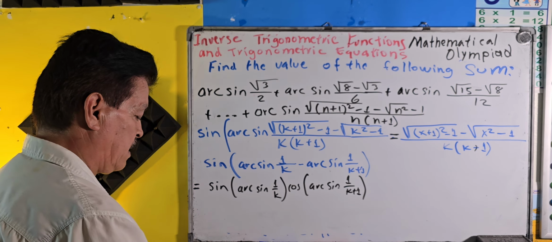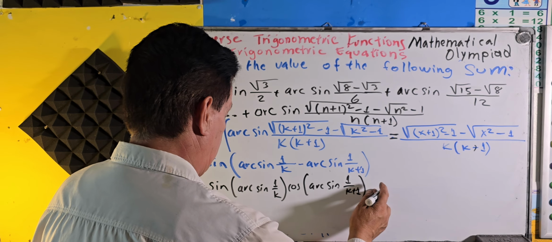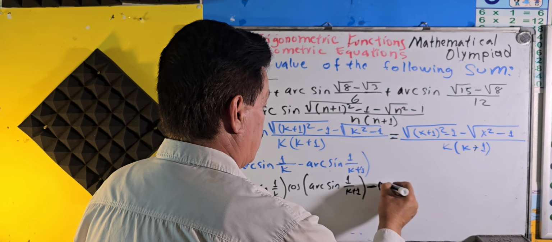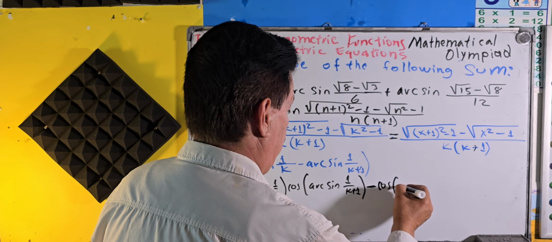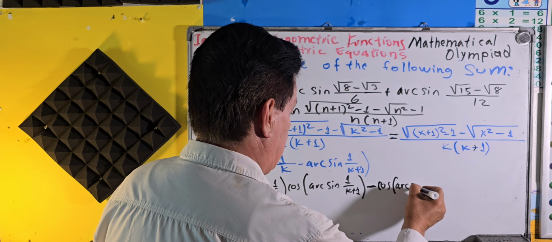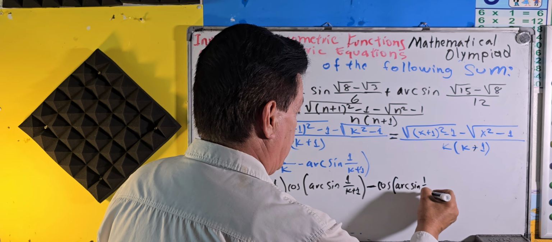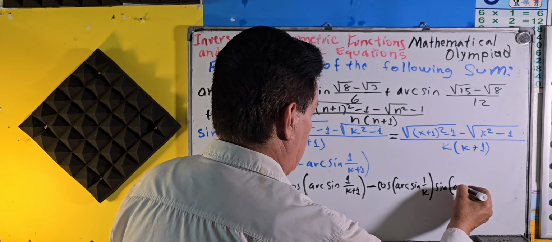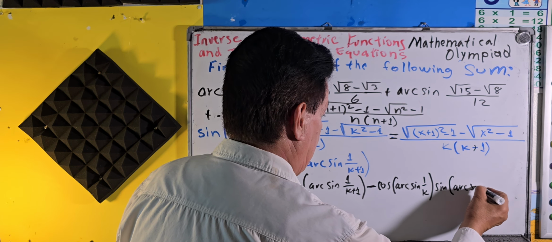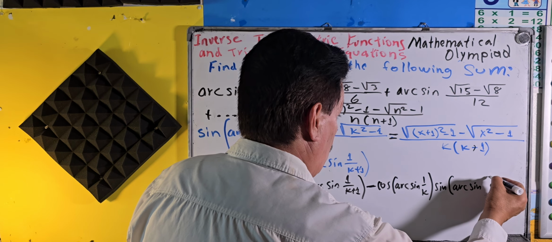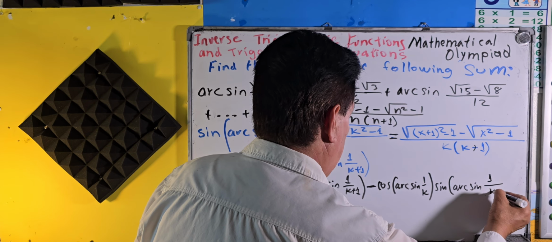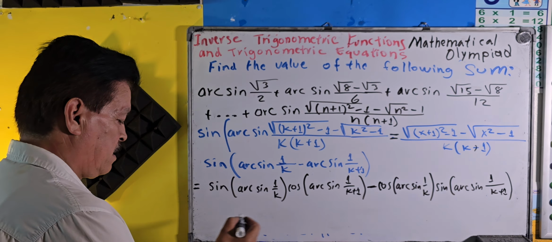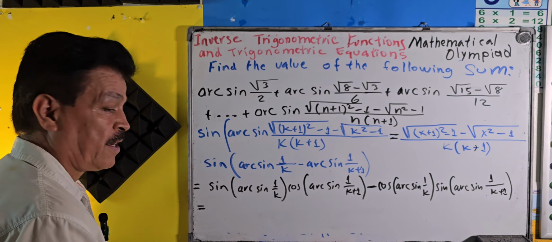So now minus, we have to write here minus cosine of arc sine of 1 divided by k, times sine of arc sine of 1 divided by k plus 1, right? Okay, everything is going to be equal here, almost done.